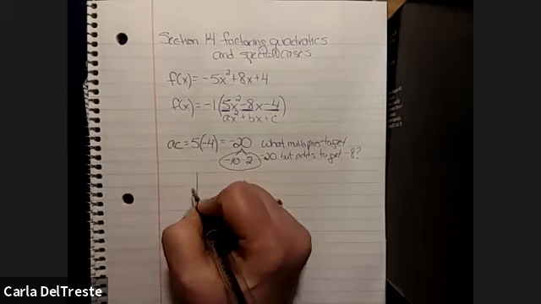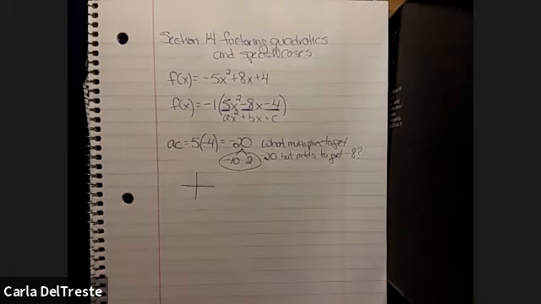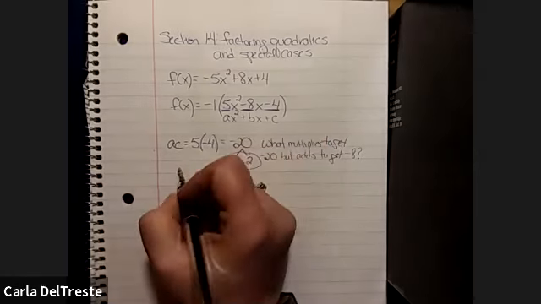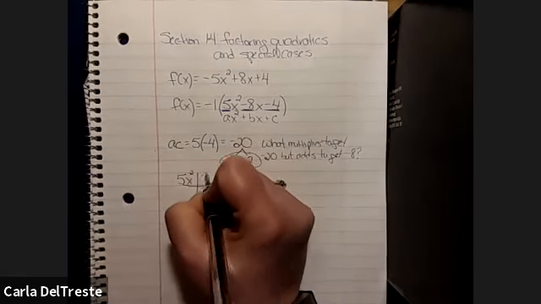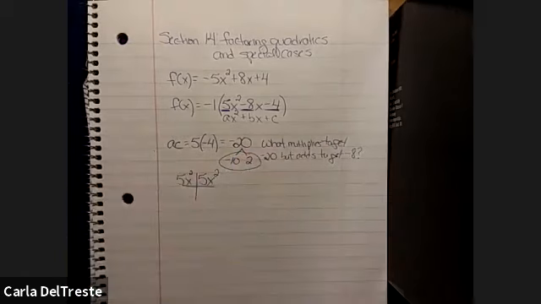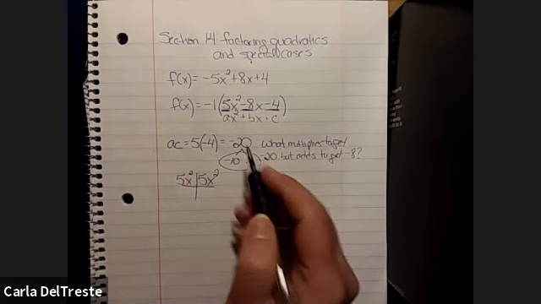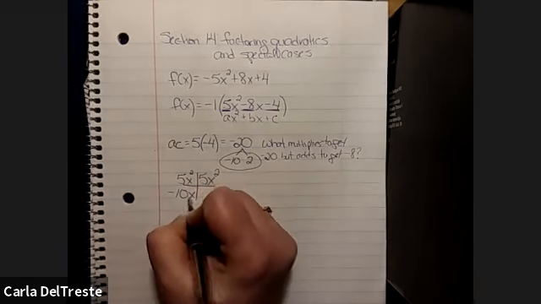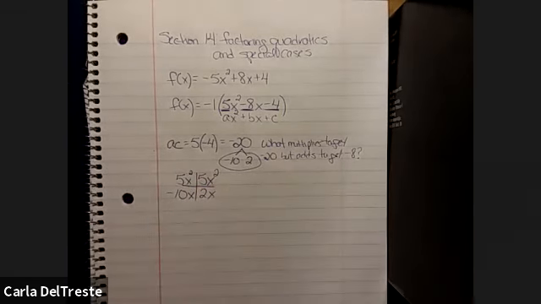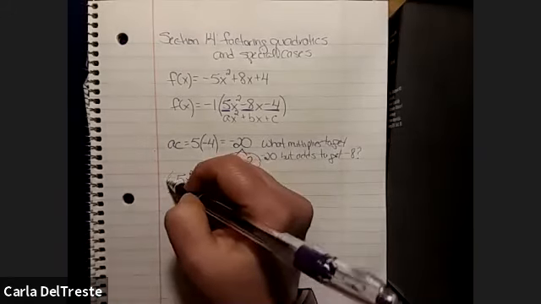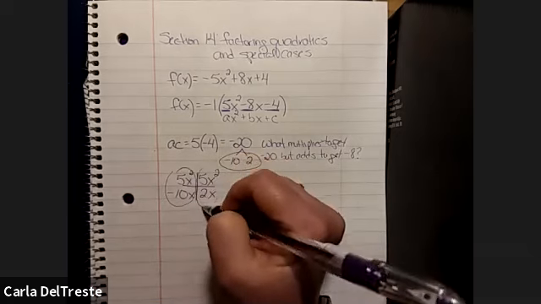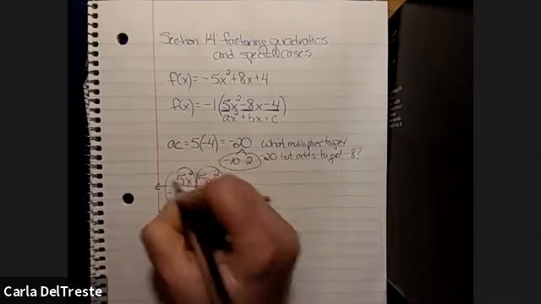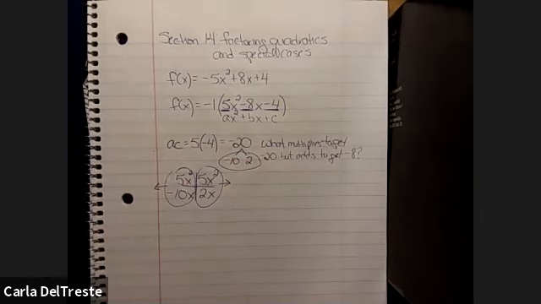So I set up my T-chart. The top two spots of the T-chart go ax squared. So in this case, it's 5x squared. In the bottom two spots of the T-chart go the two numbers that I came up with paired with x. So -10x and 2x. Then I look at each side of the T-chart separately, and I simplify each side as if it was a fraction.